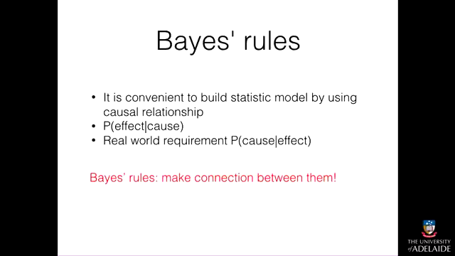Let's say if you have cavity, you know the likelihood you have a toothache. This could be easily obtained from your experience. Which means you can easily calculate the conditional probability P(effect | cause).